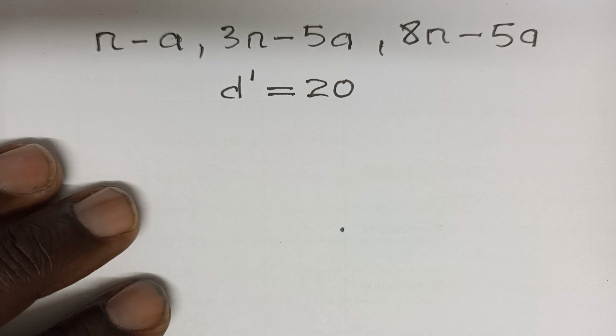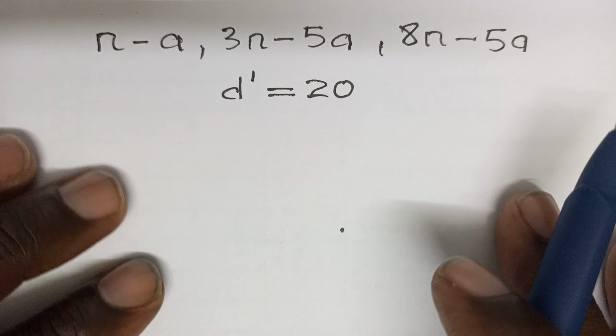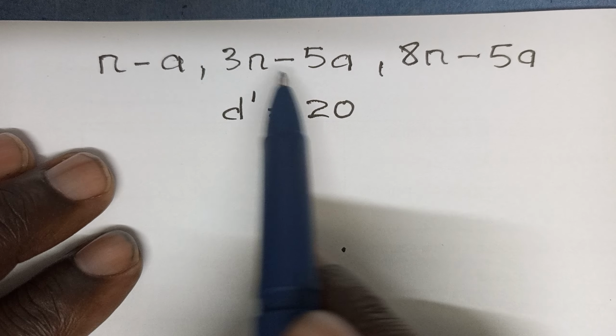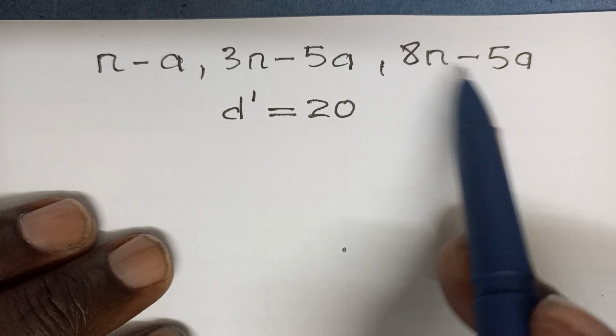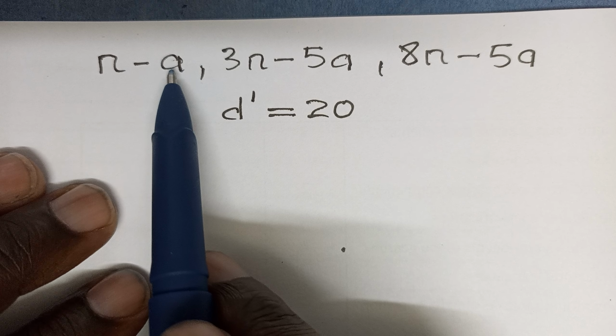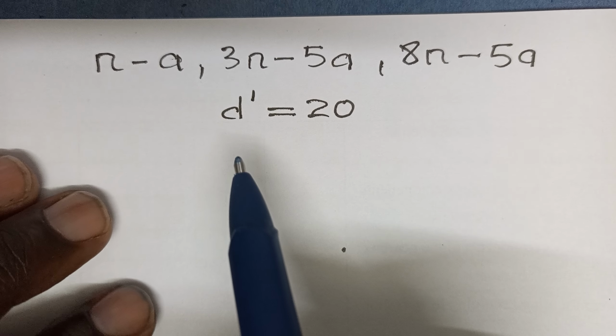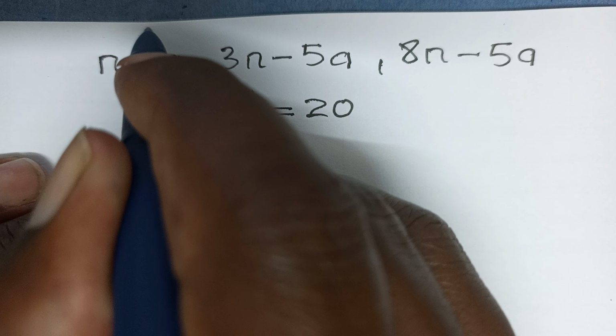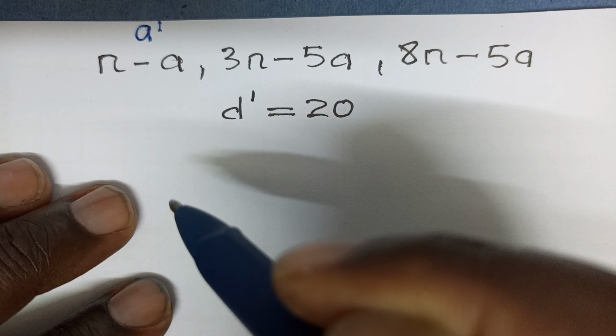We have several terms here. Our first term is right here, then the second term and the third term. Since we already have the symbols n and a, we shall give our first term a prime. That is a prime, our first term.